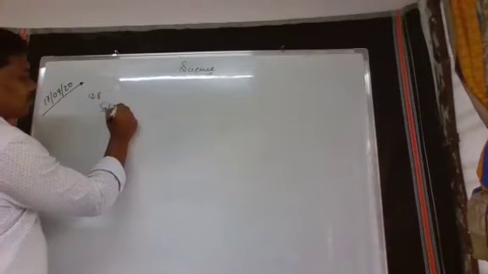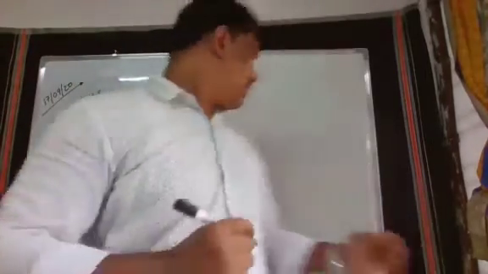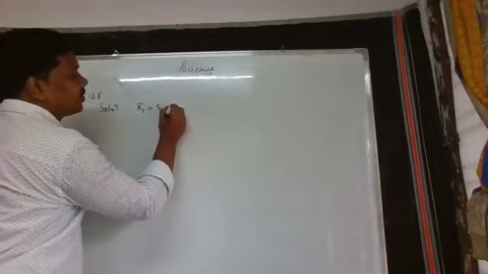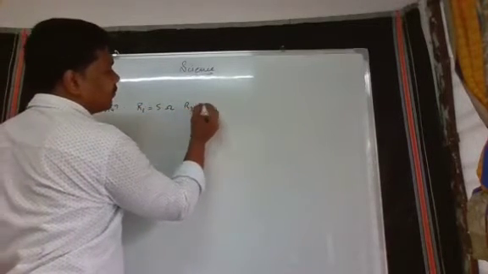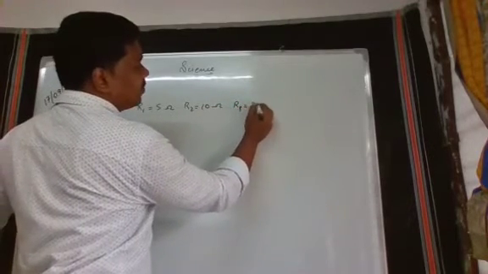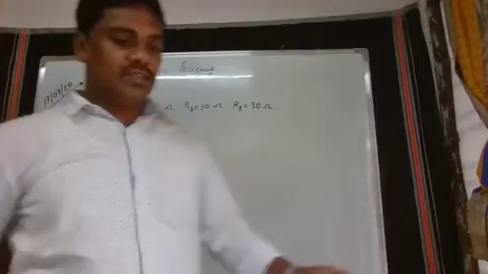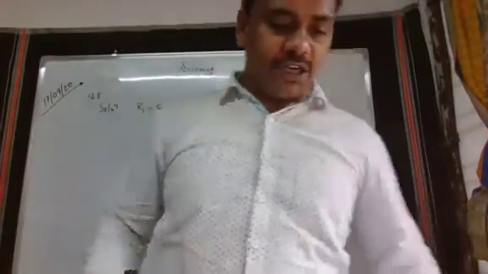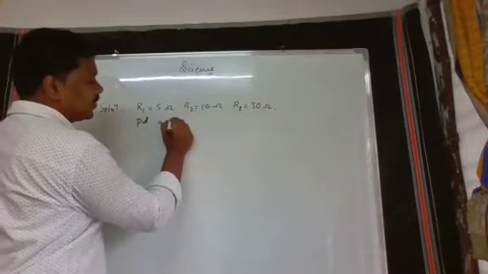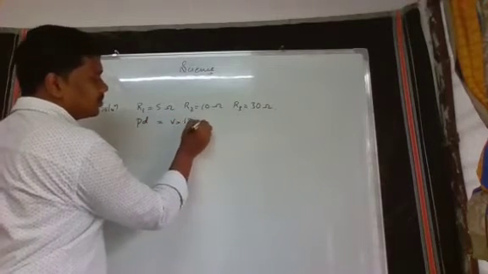In the solution, what do we have? R1 is equal to 5 ohm, R2 is equal to 10 ohm, and R3 is equal to 30 ohm. The potential difference of the battery is V, that is 12 volt.